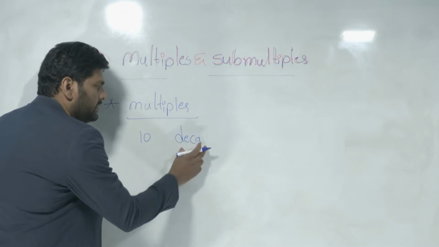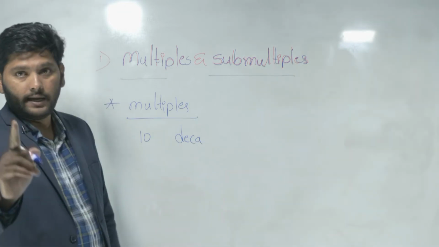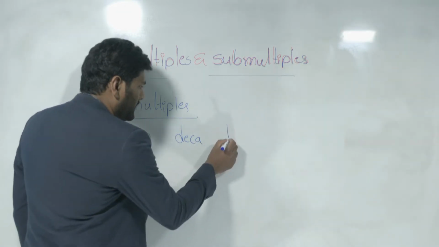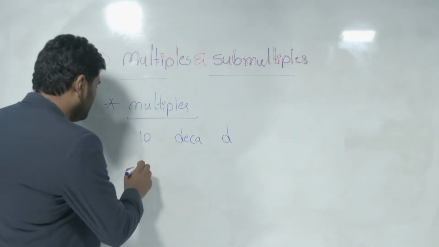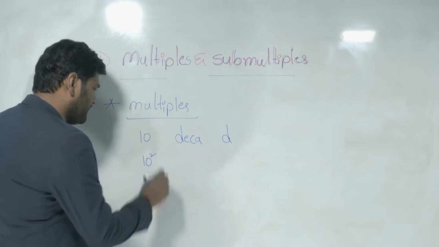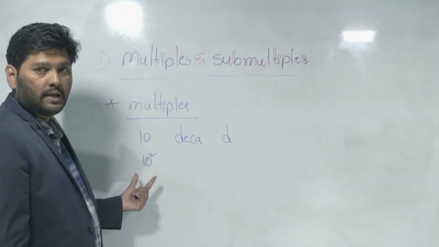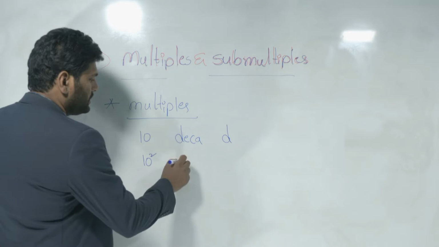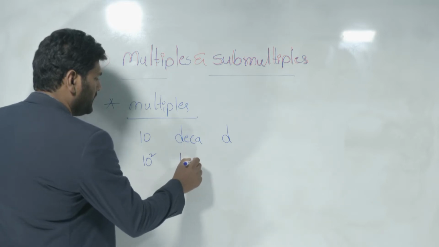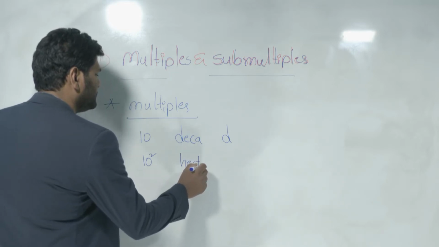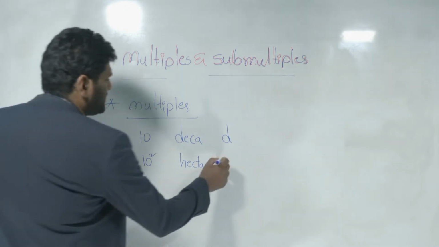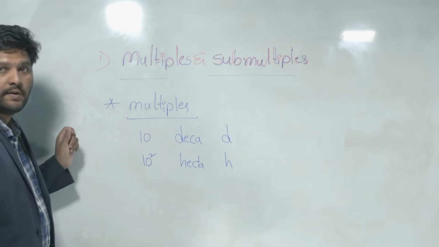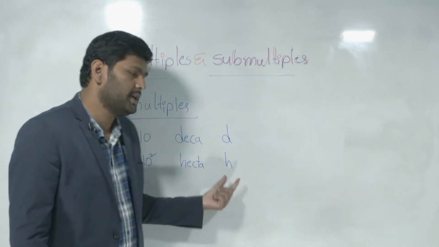If this is 10, the multiple name is deca and it is represented with the letter D. One more we have is 10 square, which is called hecta. The symbol is H. The H represents hecta.